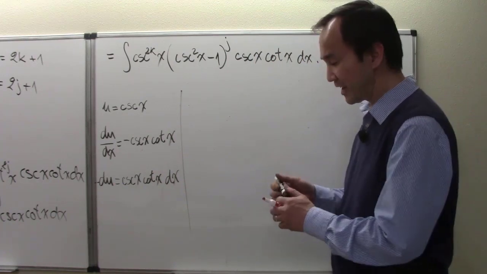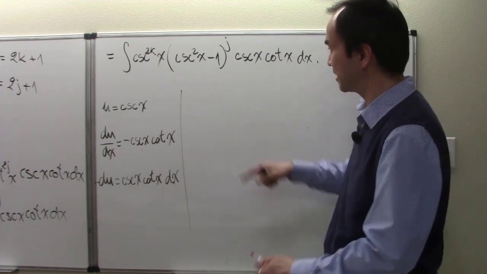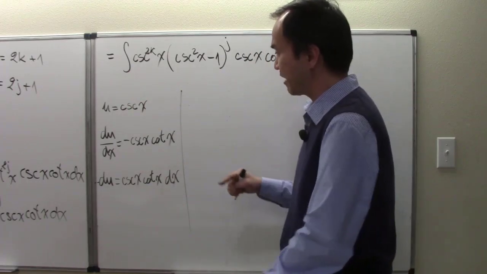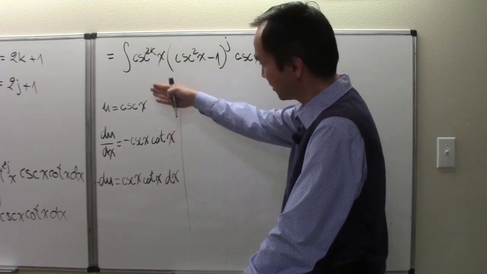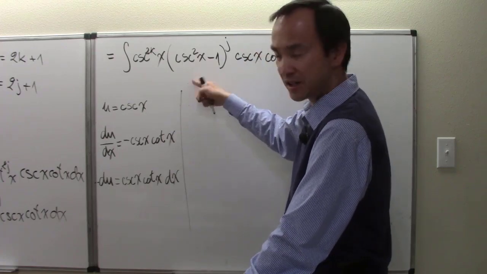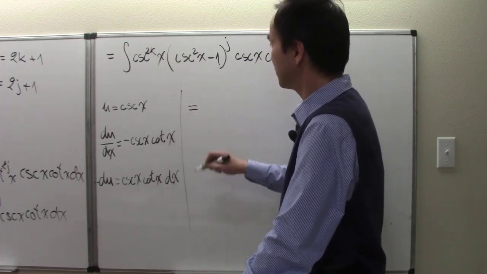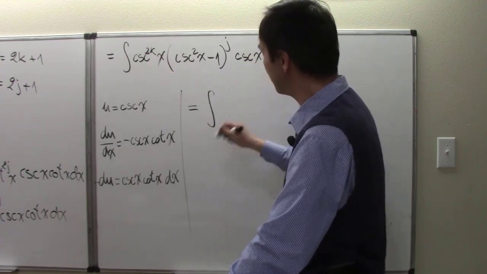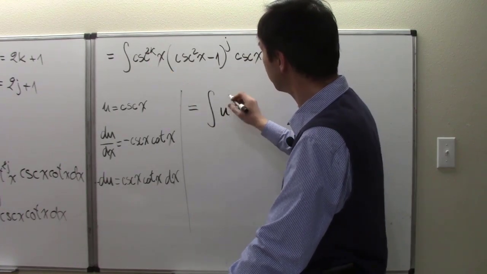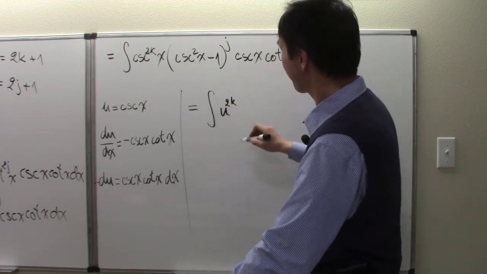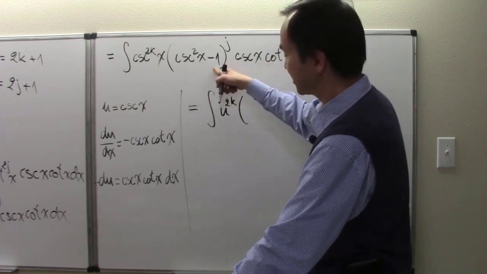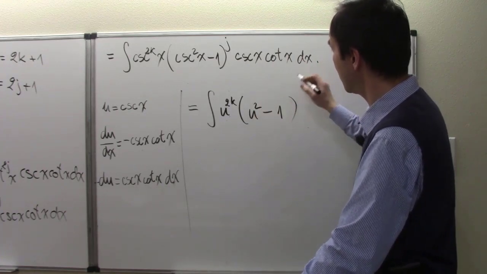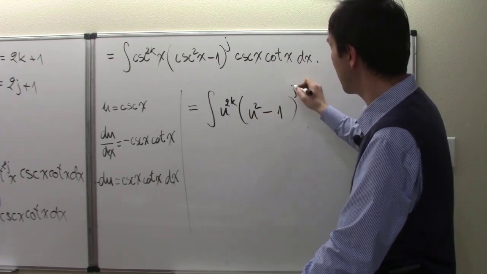Now I am ready to get back to my integral after pinpointing the substitution. I'm going to put all the substitutions into my current integral. That factor there will now become u to the 2k. In parentheses, I will have u squared minus 1, quantity to the power j.